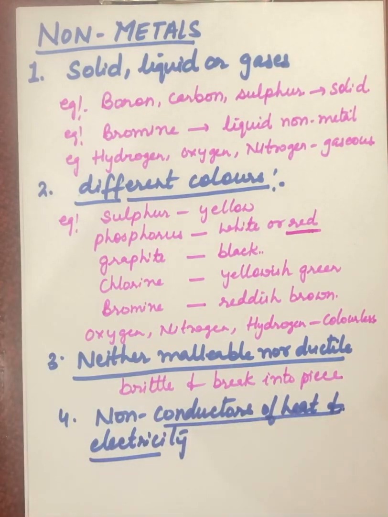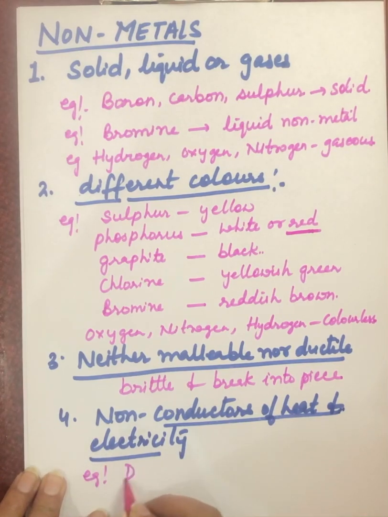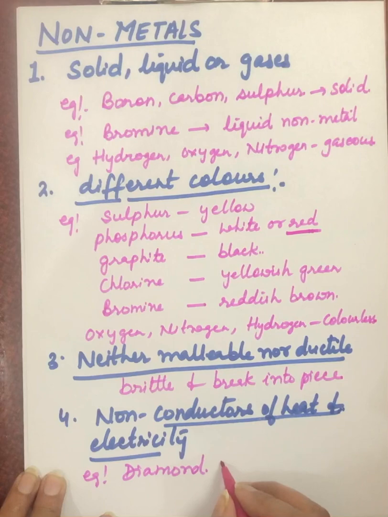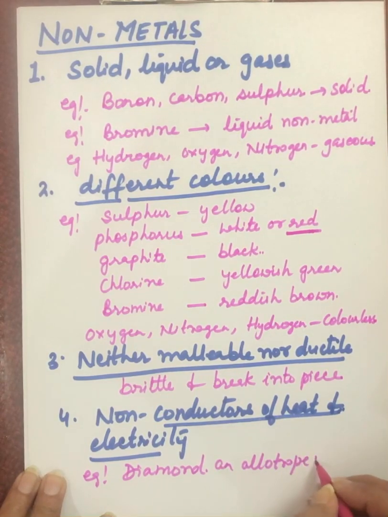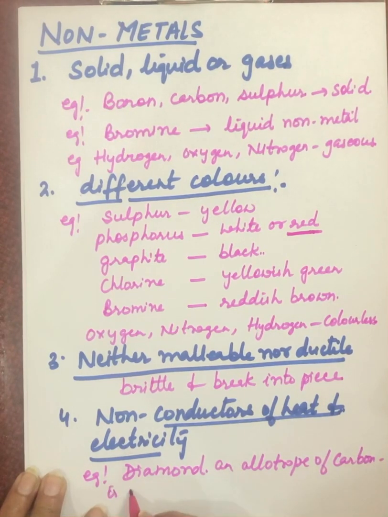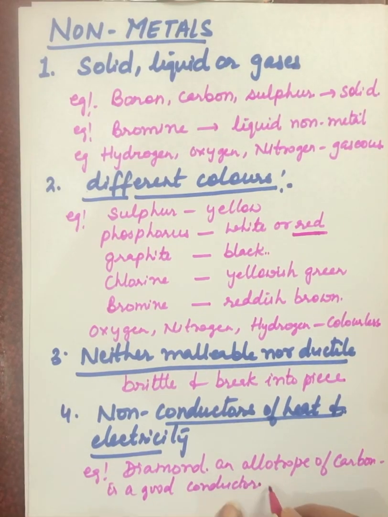But however, diamond, an allotrope of carbon, is a good conductor of heat.